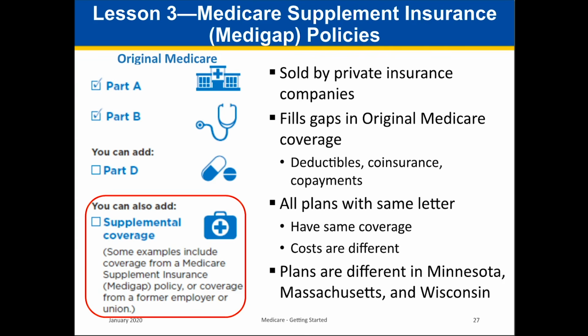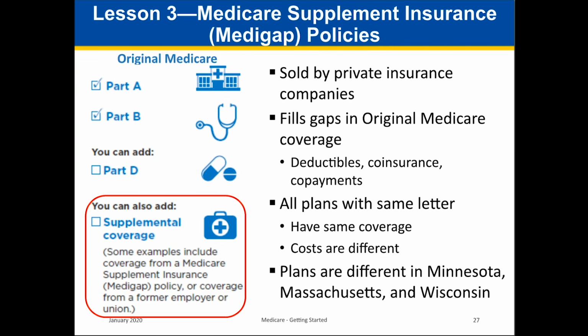Medicaid, VA, or TRICARE. In all states except Massachusetts, Minnesota, and Wisconsin, Medigap policies must be one of the standardized plans, A through N. They're lettered so they can be easily compared.